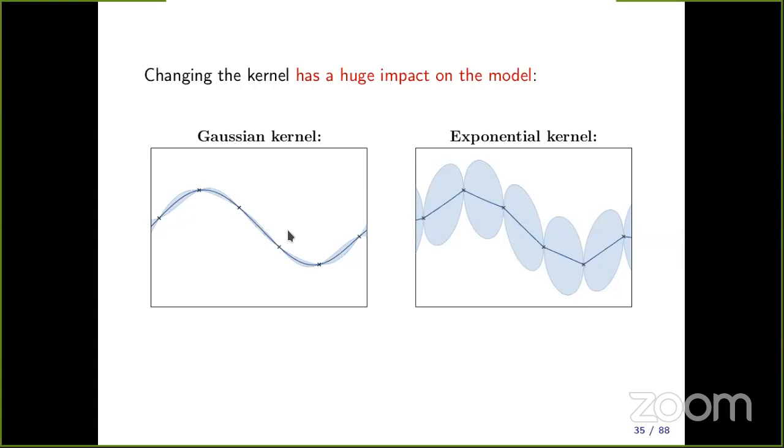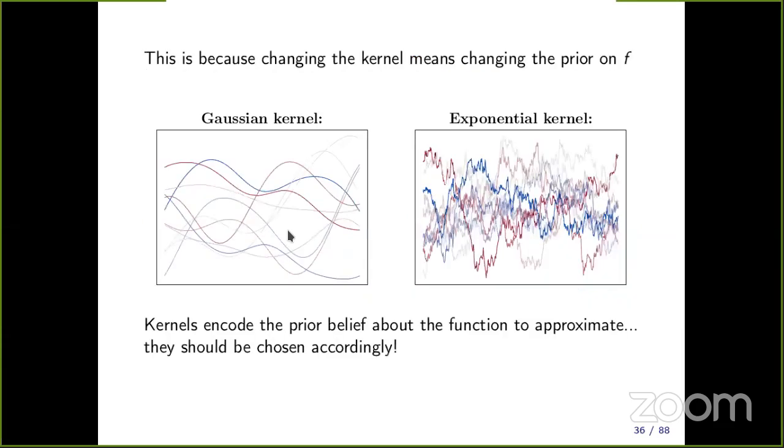And there's no model that is better or worse than the other. It's just models that correspond to different assumptions, a different behavior of the phenomenon that generated the data. So we should choose the covariance according to the belief we have on the function.